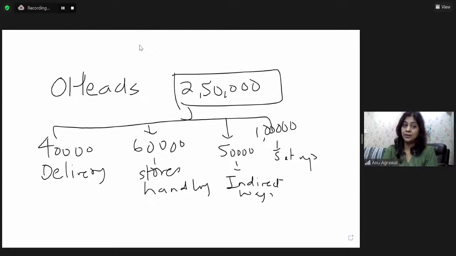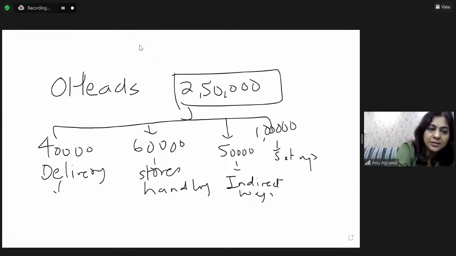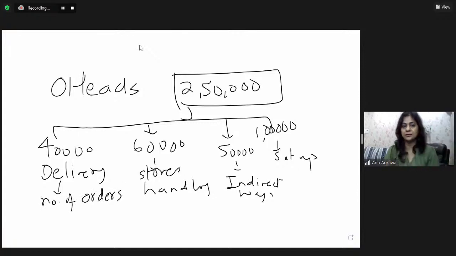So this 40,000 is because of delivery. That means it is dependent on the number of orders or number of deliveries, yes or no? Obviously, the delivery expense will depend on the number of times delivery has been done. The number of deliveries will depend upon the number of orders that have come. So we realized that the number of deliveries or orders was 400.